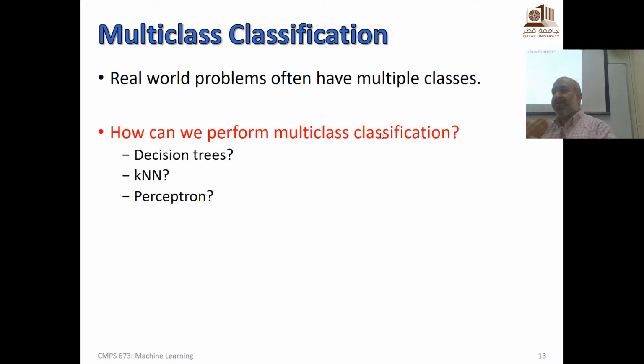Now, with the models that we learned, decision trees or KNN or perceptron, how can we perform multi-class classification? I think we discussed that many times over the lecture. So quickly, decision trees. How can we use decision trees to do multi-class classification?